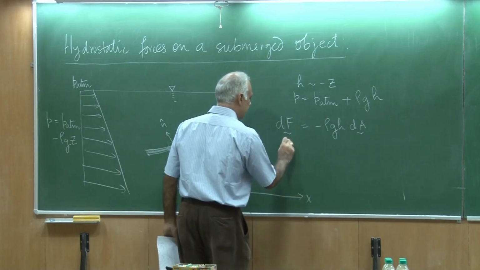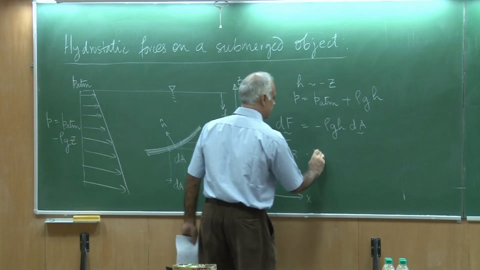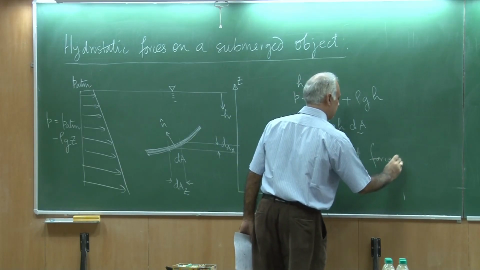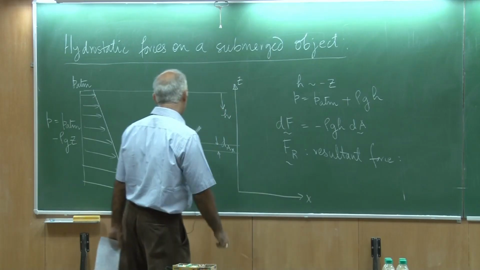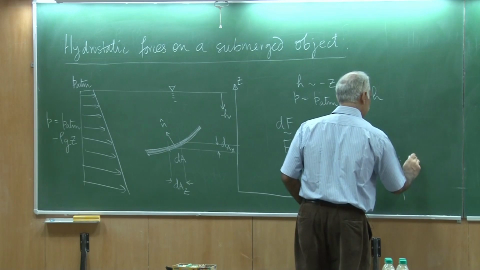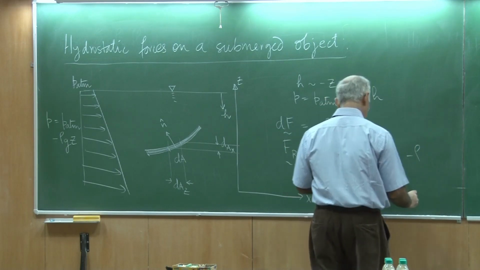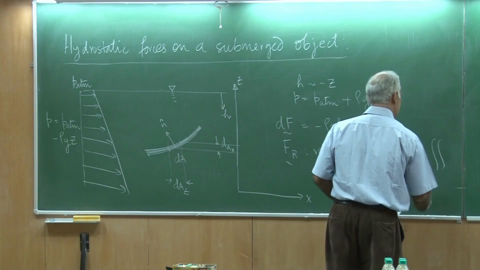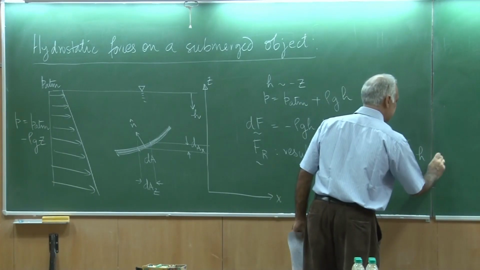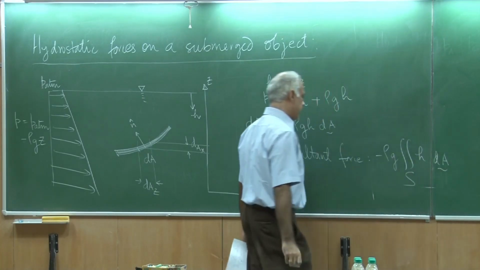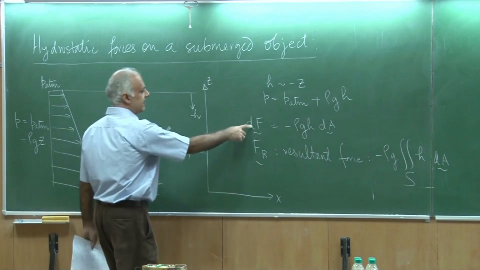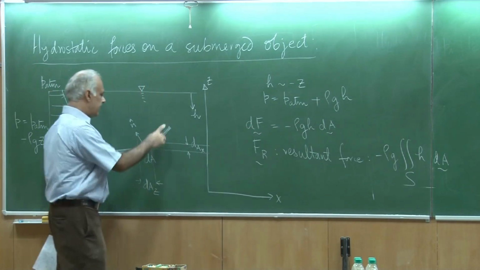So if I want to calculate the resultant force, then I would have to integrate it over this entire area, and that would be minus rho g times the integral over the entire surface S of h dA. So I have simply integrated this equation over the entire area.